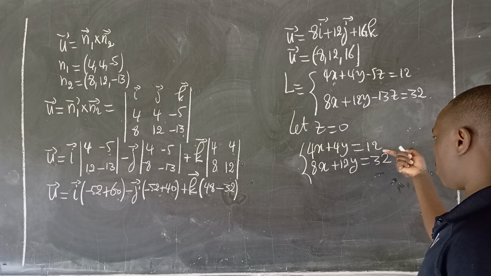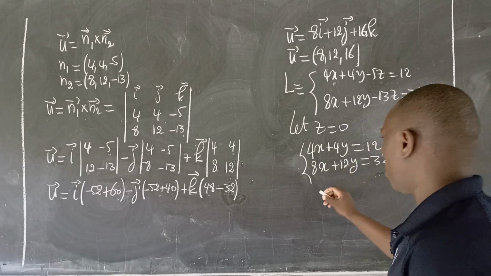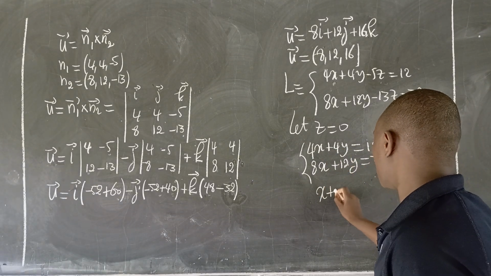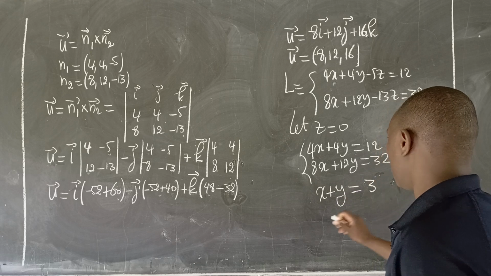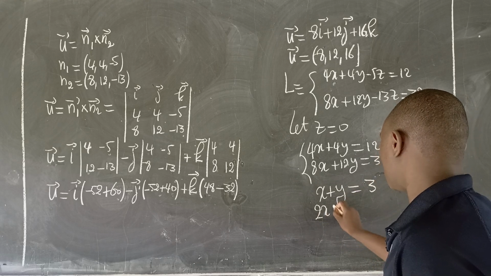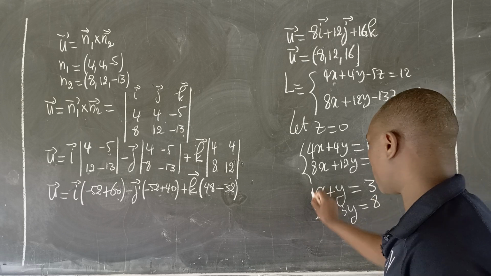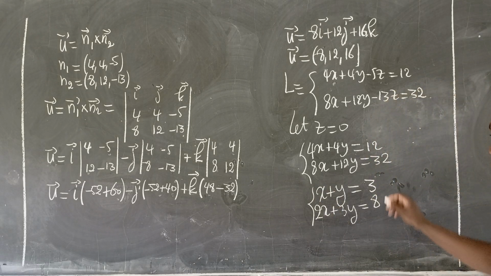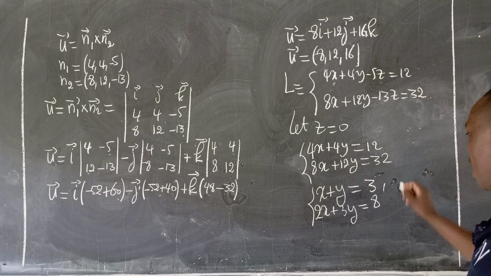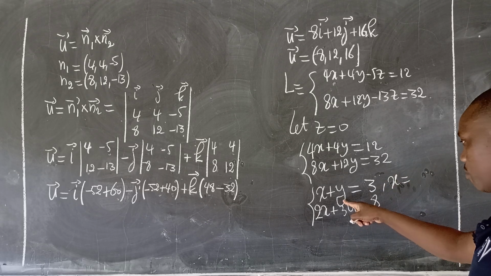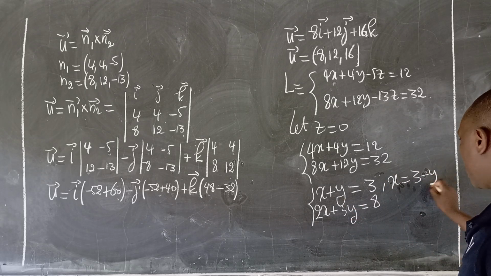Dividing everywhere by 4, we have x plus y equals 3, and 2x plus 3y equals 8, I guess. We are going to eliminate. But here, I can find x as a function of y. This is 3 minus y.